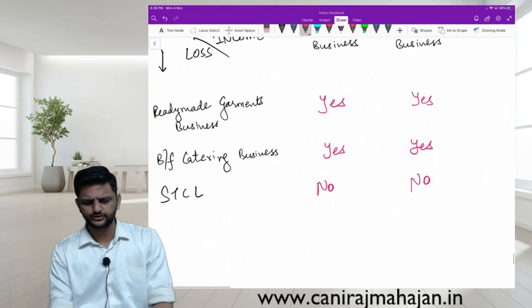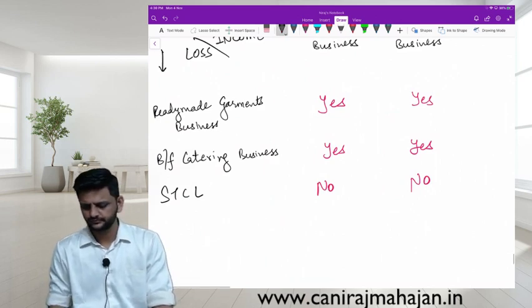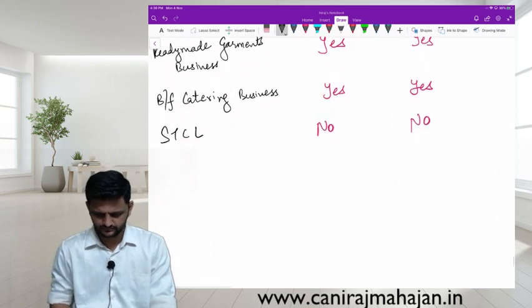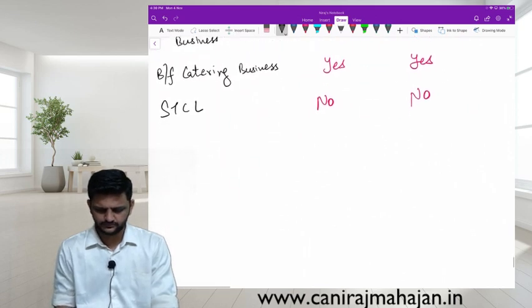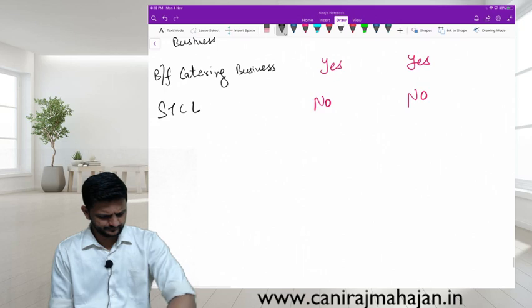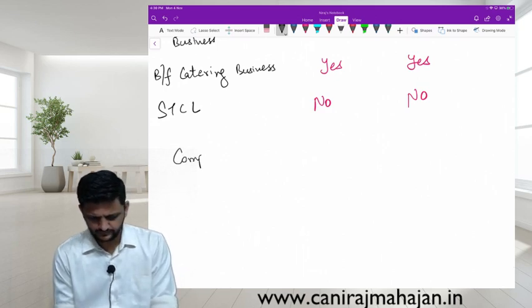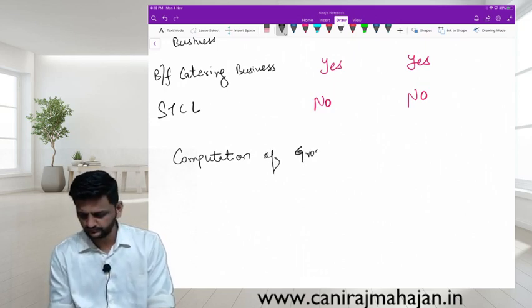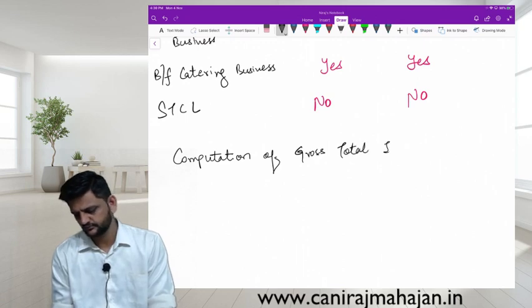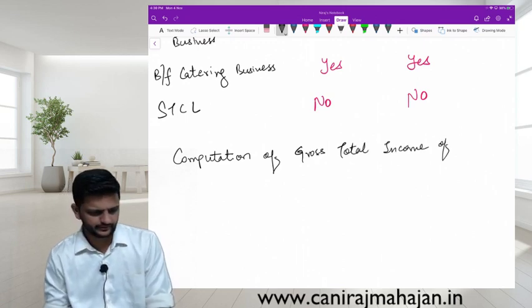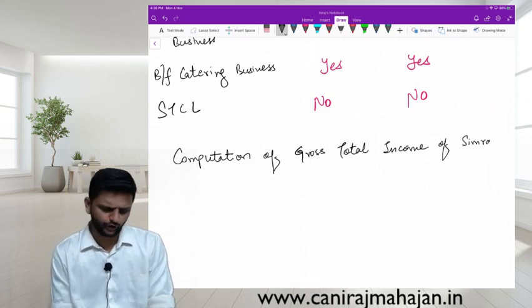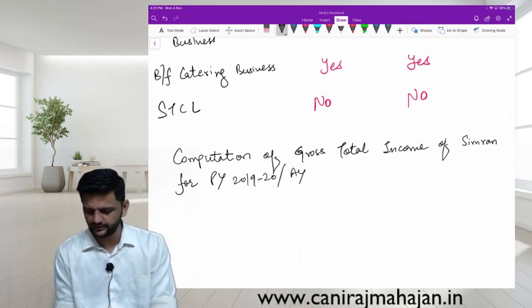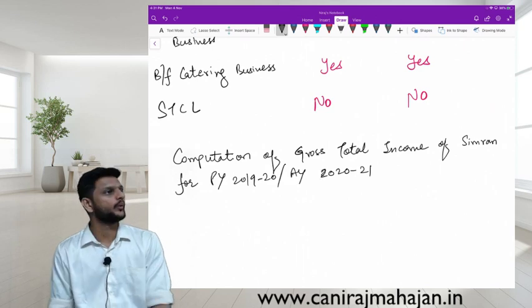So computation of what income? Correct. Computation of gross total income of Simran for PY 1920, AY 2021.